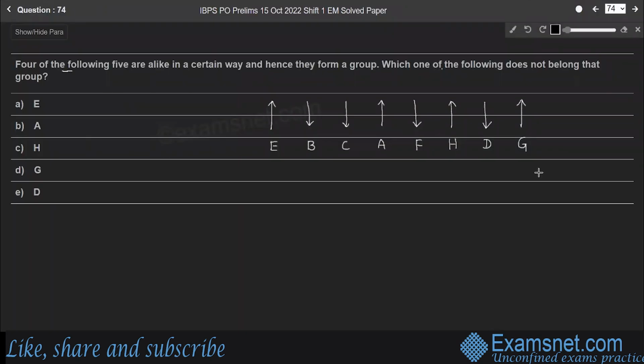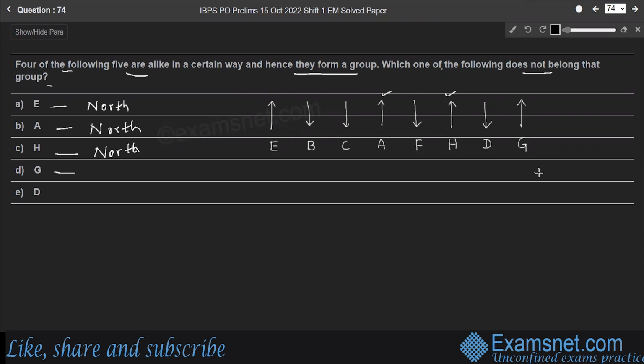Question 74. 4 of the following 5 are alike in a certain way and hence they form a group. Which one of the following does not belong to that group? Here the first one, E. Person E is facing north. Person A is also facing north. Person H is also facing north direction.